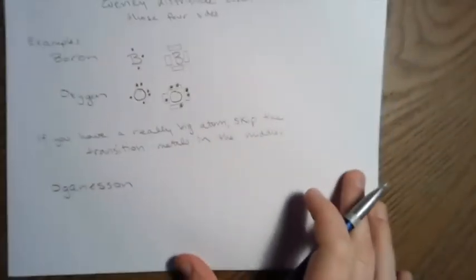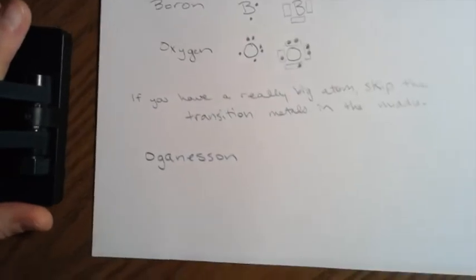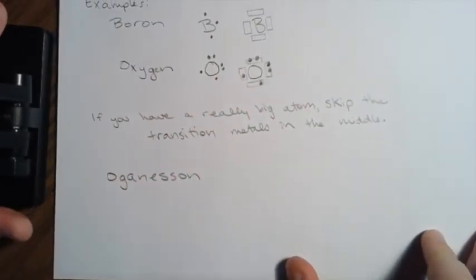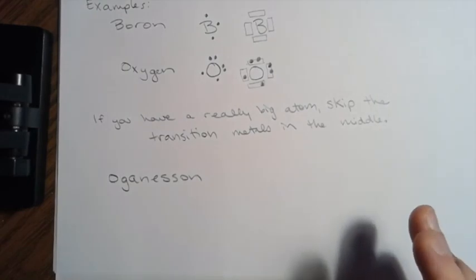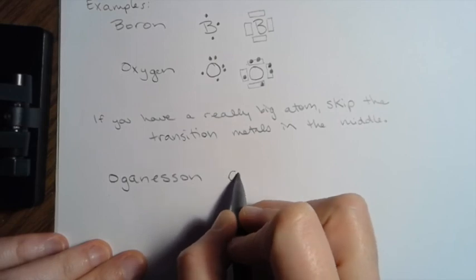I'm making sure I'm spelling it correctly. Oganesson, OG. There's a chance that you have a different symbol, like a UU something, because it wasn't named until more recently. It's so big. It's got a symbol of OG.